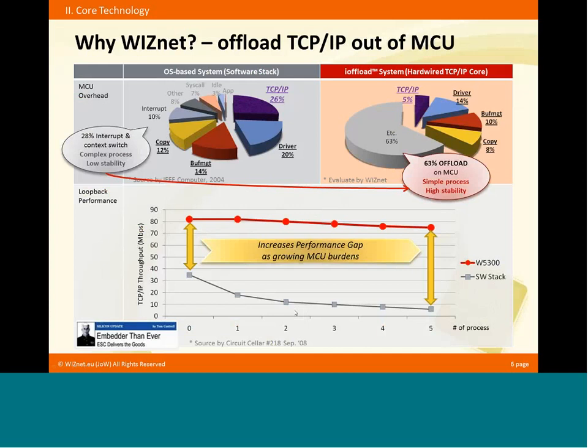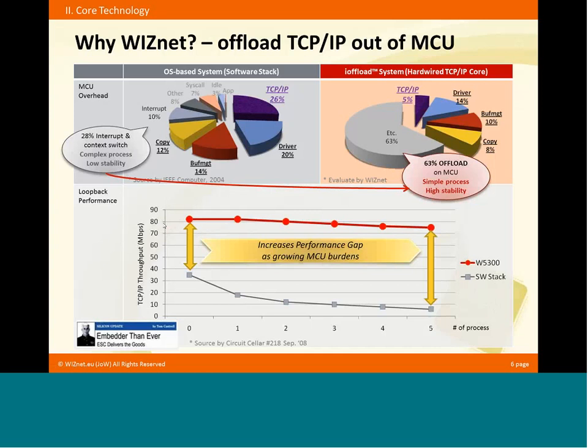The more applications you start, the more occupied is the MCU and can no longer handle internet data, and so the internet throughput drops dramatically. If you make use of hardwired TCP/IP, then the internet performance stays at 70 to 80 megabits per second.